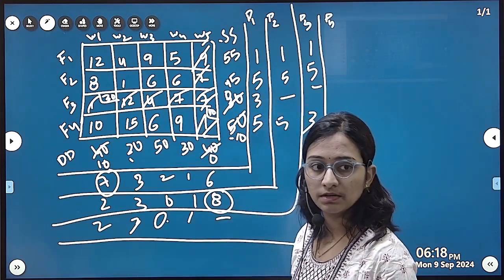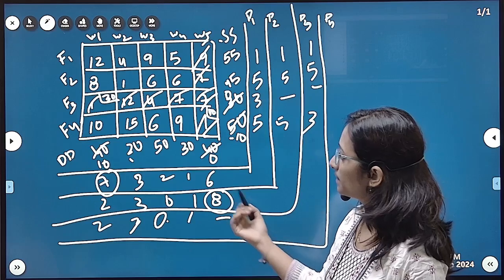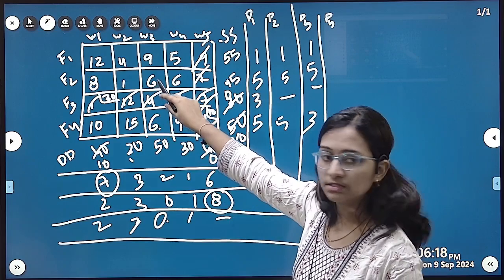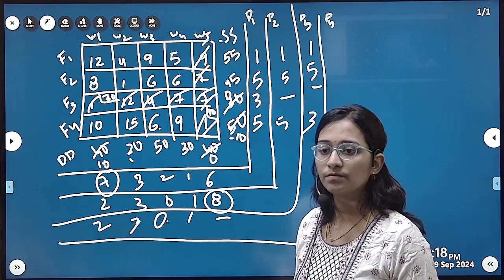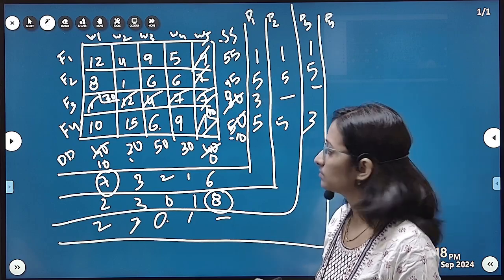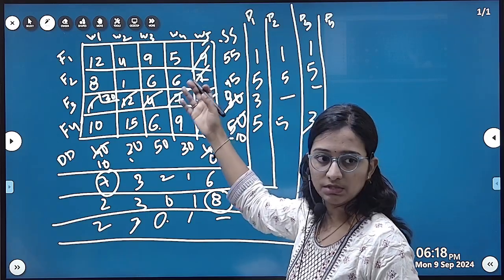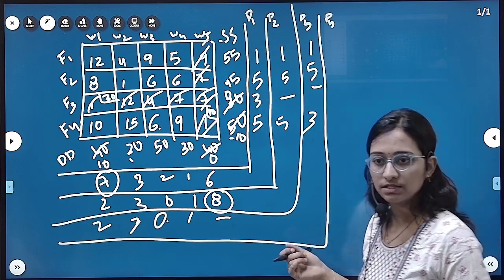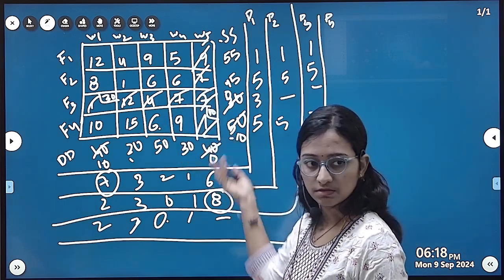This one only. 6 is the least number, and the next least number is also 6 we have. So 6 minus 6 is 0, right? When both numbers are the same and they are the least among the other numbers, we subtract those only. So 6 minus 6 is 0. We have to check the first least number is 6, and the next one is also 6, so it's 0.